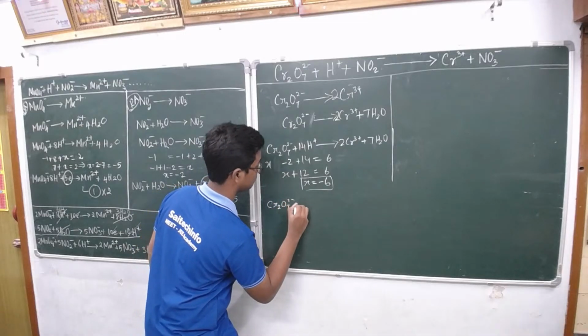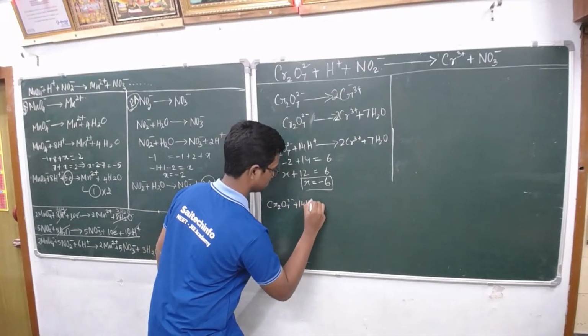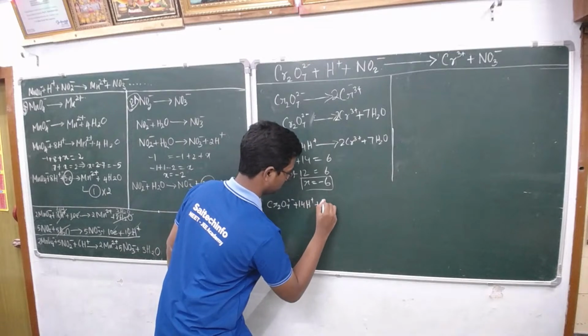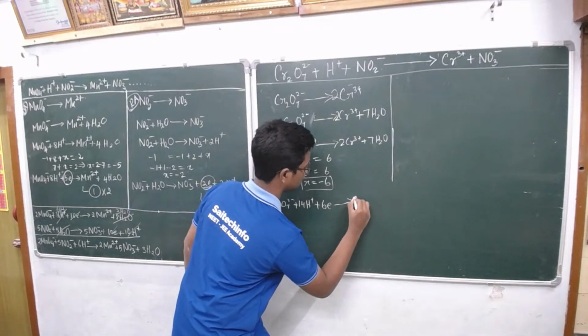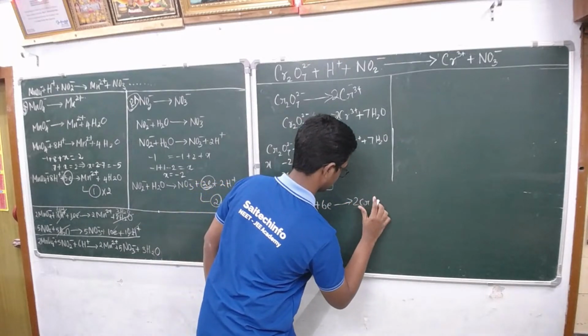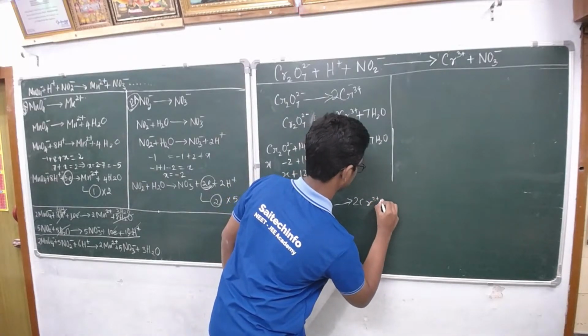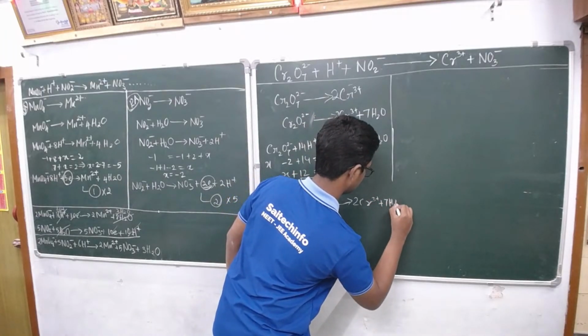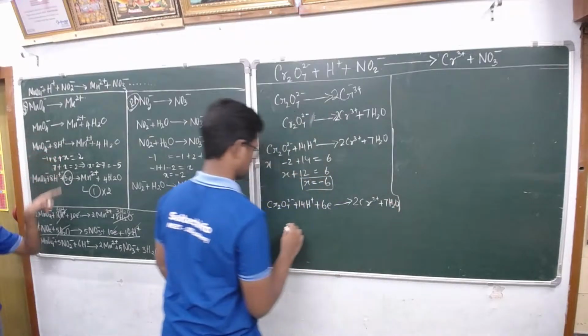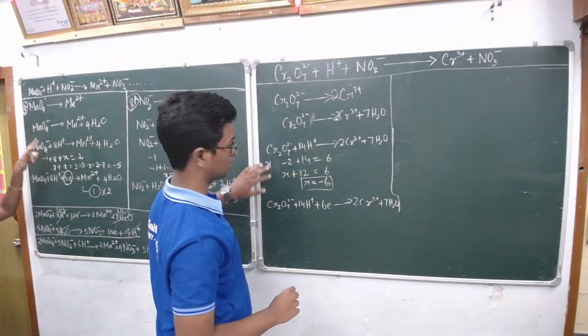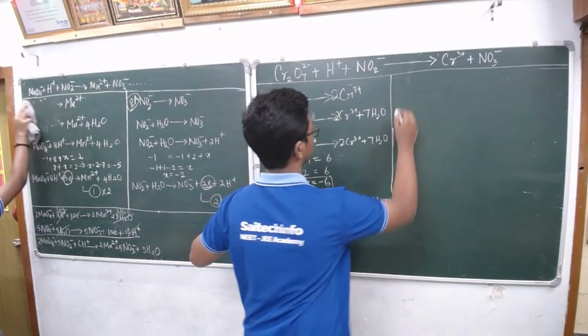So Cr2O7 2 minus plus 14H plus plus 6e to form 2Cr3 plus plus 7H2O. Right. So this is the balanced half cell reaction.